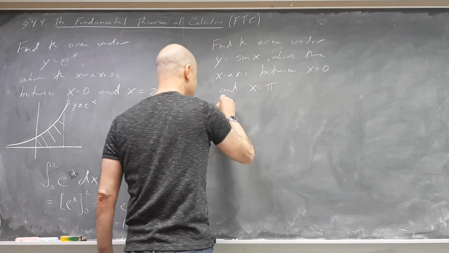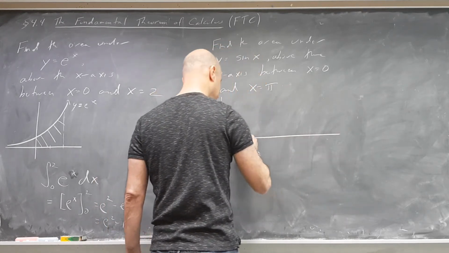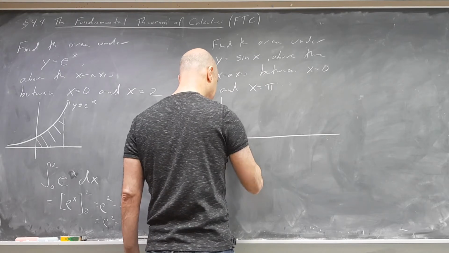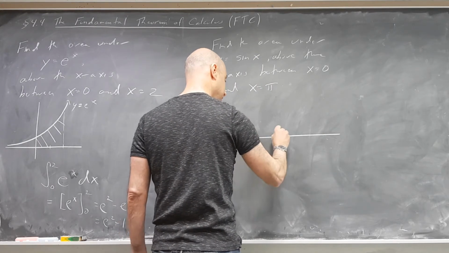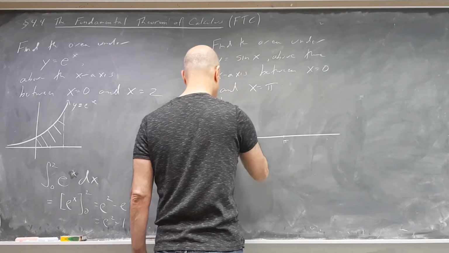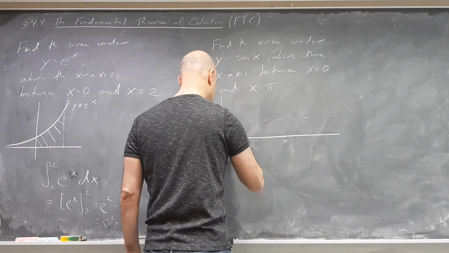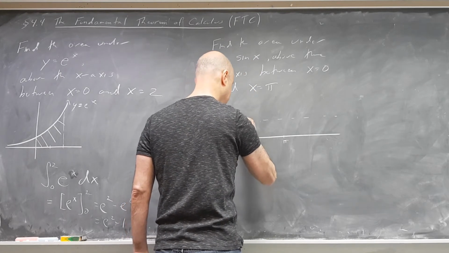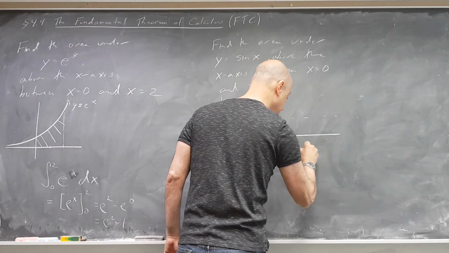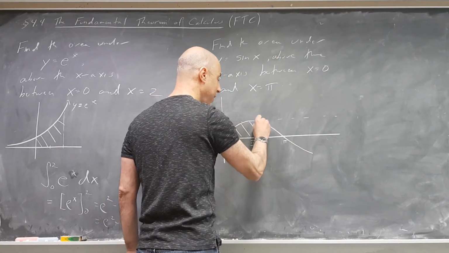We sort of considered this in an earlier lecture, so we know what y equals sine x looks like. We know sine x is just this oscillating curve. And we want the area of this bump right here.